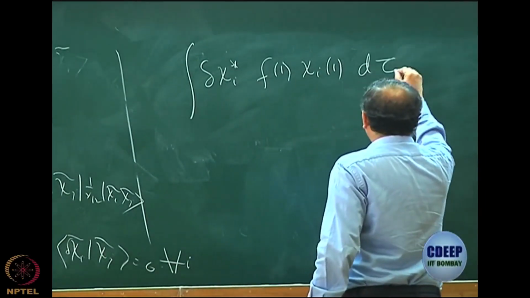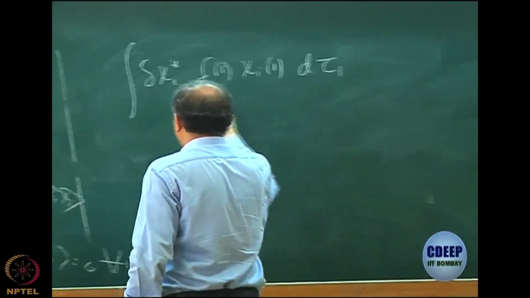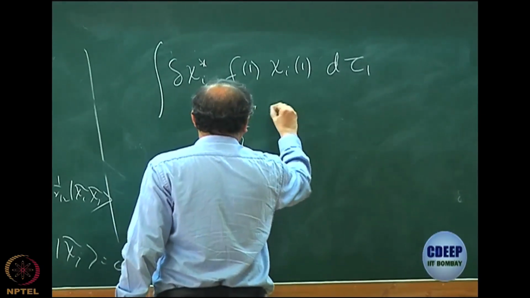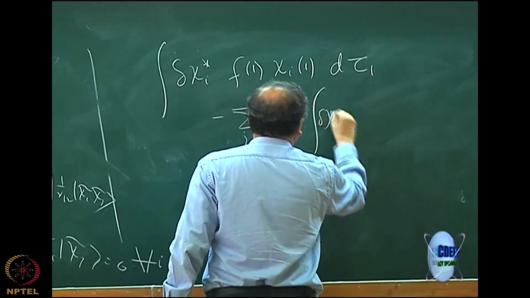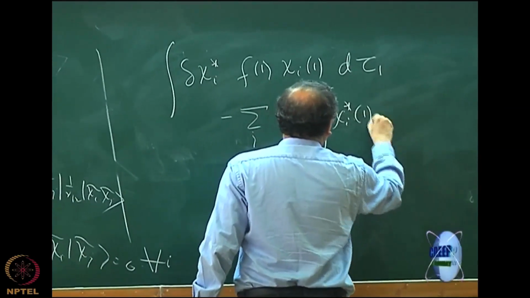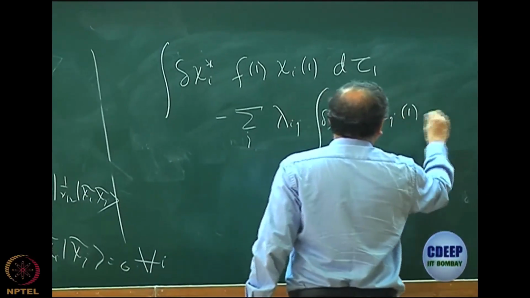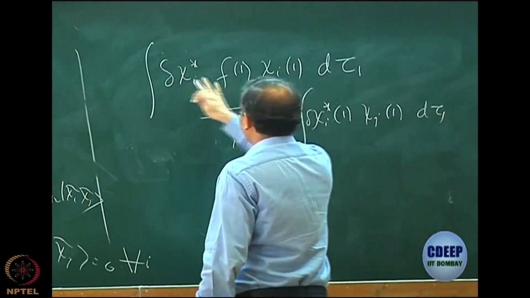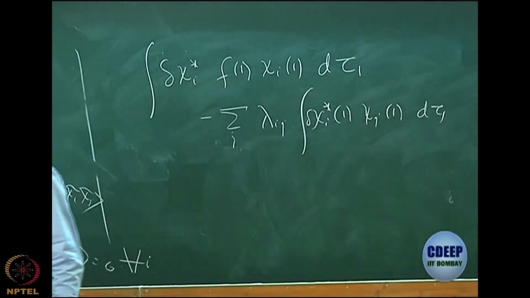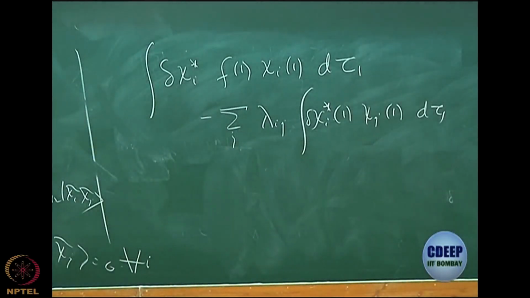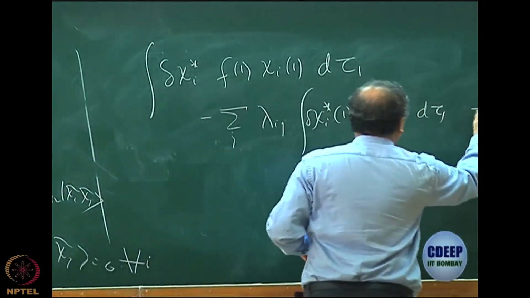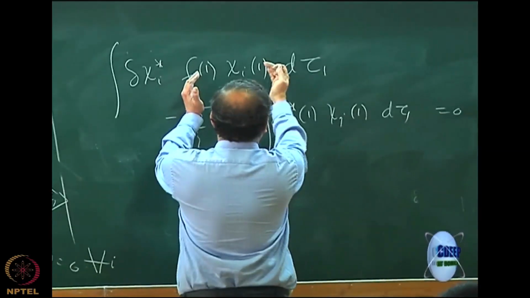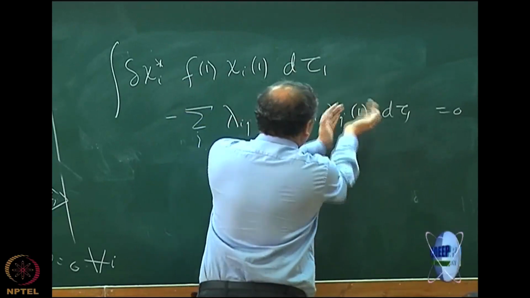Delta 1, I am now writing it in full form, minus sum over j, this second last term only I am writing it separately, delta chi I star 1, chi j 1, delta 1. You agree? If I can write it in this form, then I am in the business. Because what I will say, for all delta chi I, if this is equal to 0, then I will say that this minus this is equal to 0.